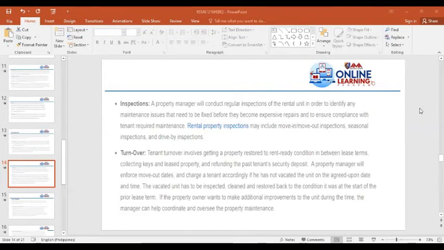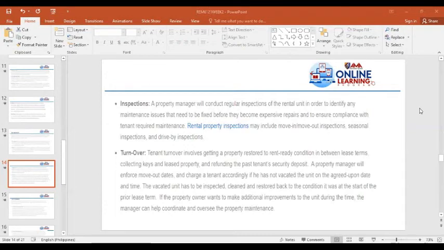And also the property manager sees to it that upon leaving ng tenant, the unit or the property is in good condition.